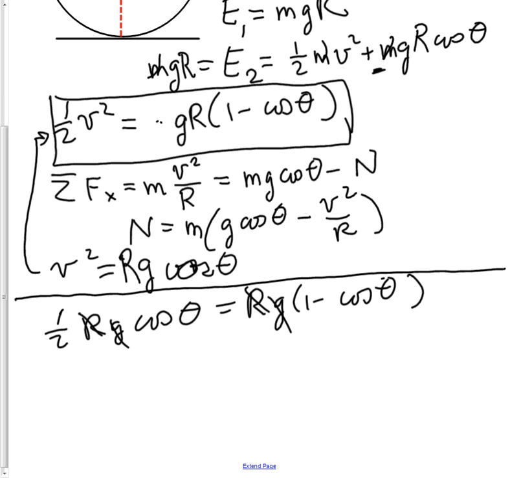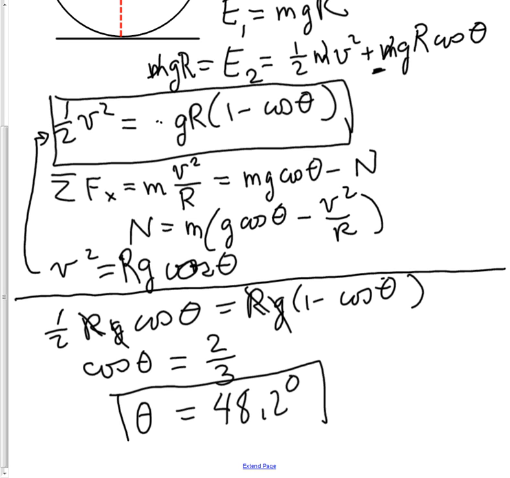It doesn't depend on anything except the solution of this equation. And so we have 3/2 cosine theta equals 1, so cosine of theta is equal to 2/3. And if I pull out my calculator, I find that this is about 48.2 degrees. That's it.